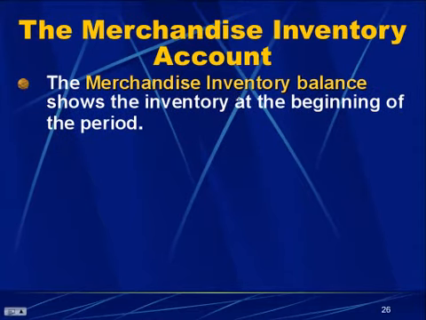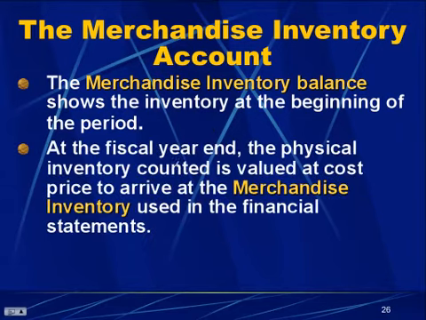The merchandise inventory balance shows the inventory at the beginning of the period. If you see a balance sheet with a merchandise inventory number, that's what they had at the beginning. At the end of the year, you count the physical inventory and value it at cost price to get your merchandise inventory number that we're going to use in our financial statements.